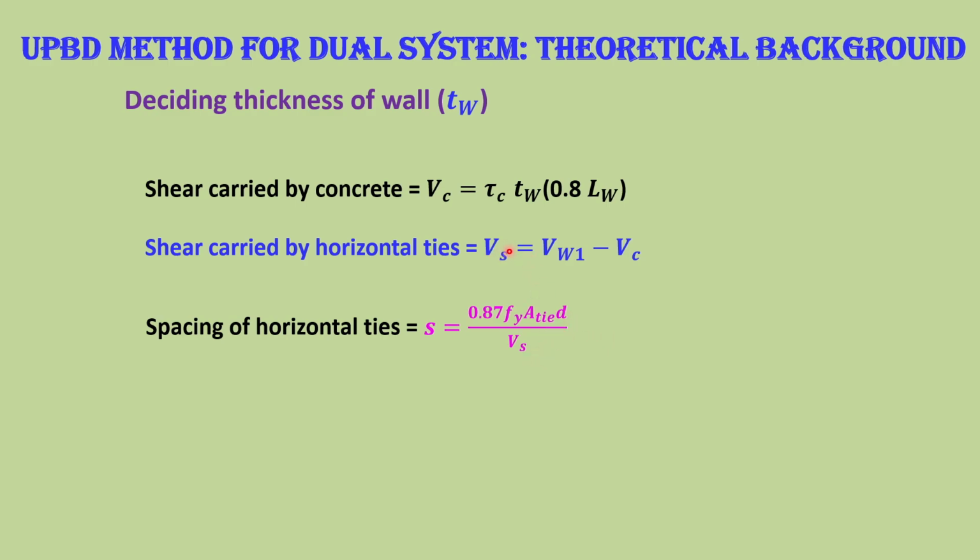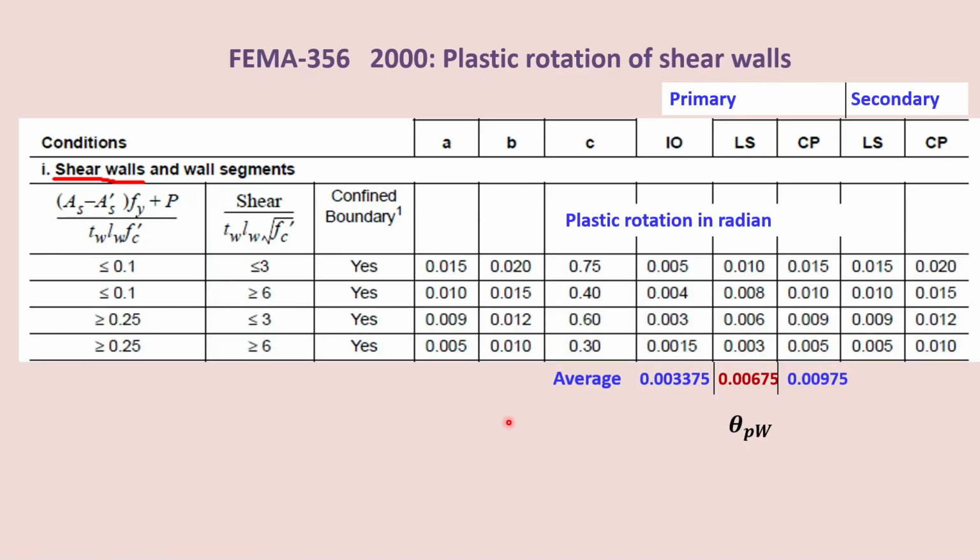A tie is the area of all the tie legs of the shear reinforcement. Generally 2 legs will be there because the shear wall thickness is not very large and you cannot accommodate more than 2 legs. So it indicates the cross-section area of 2 legs of the stirrups. So spacing is obtained, so you have also designed the thickness of the wall and the corresponding steel in shear.